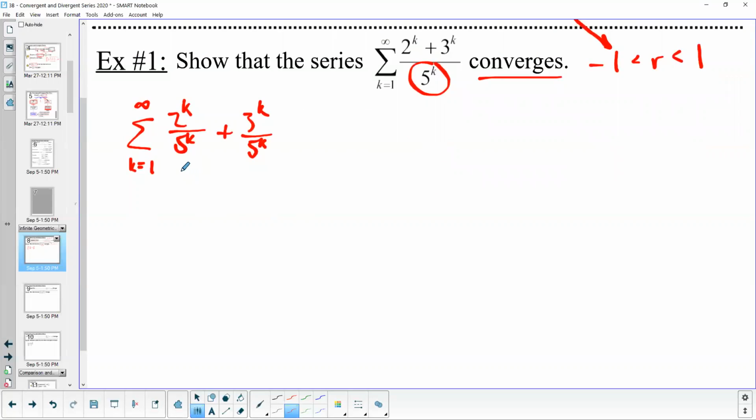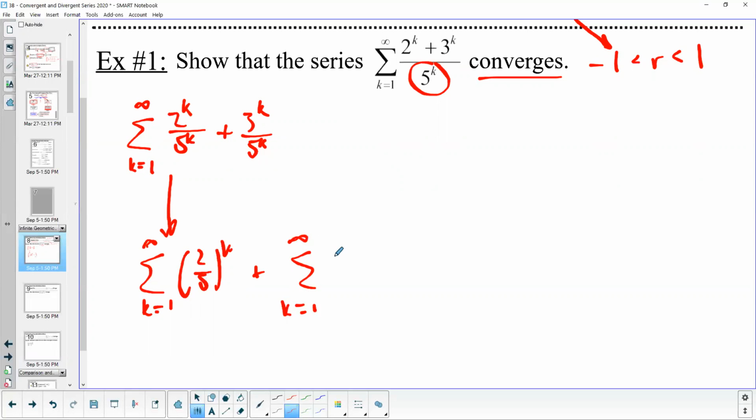And if you want, you can look at these as two completely separate series. So the first one being 2/5 to the k. So again, since they're both to the k power, we're just able to put them in the same parentheses, plus k equals 1 to infinity of 3/5 to the k.